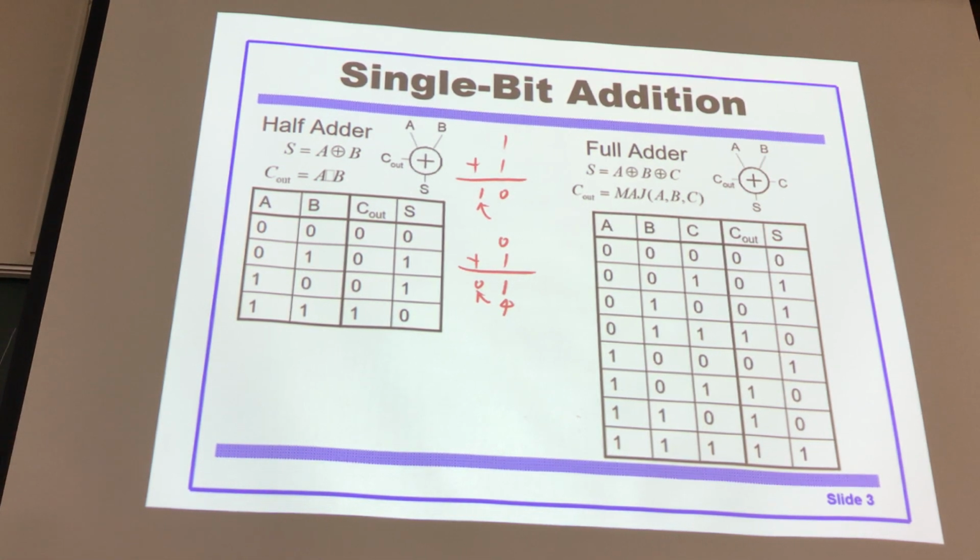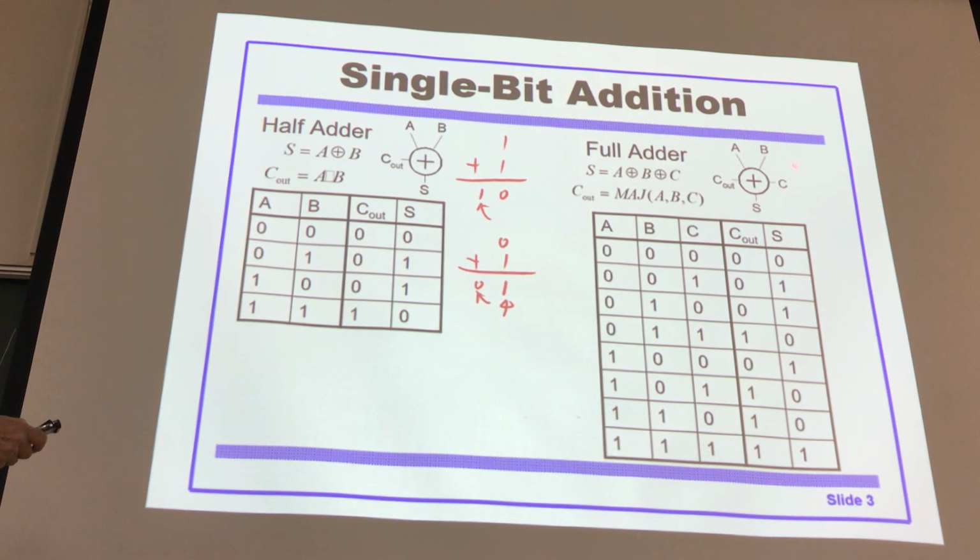For 3 bits, it's called a full adder because not only A and B are calculated, but also the carry in. If this bit position is not the rightmost bit position, then you have a carry in. So 3 bits are added together, and you generate sum and carry out.